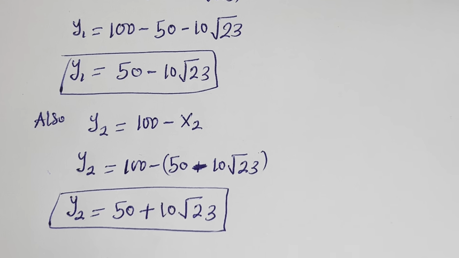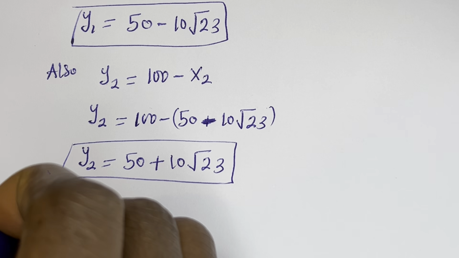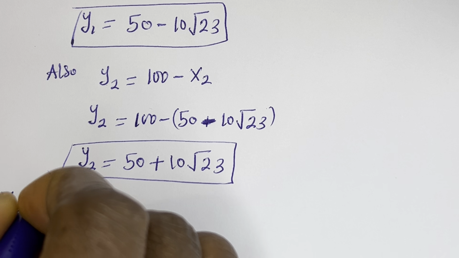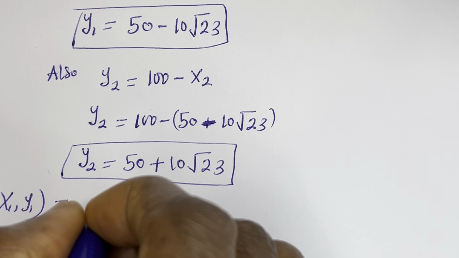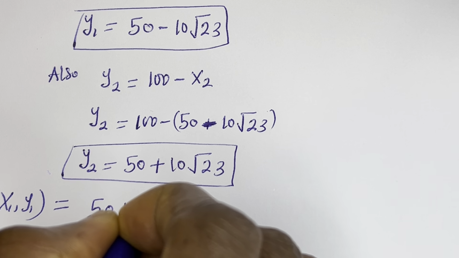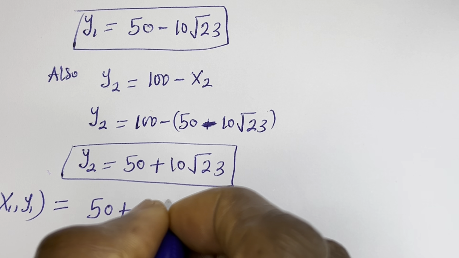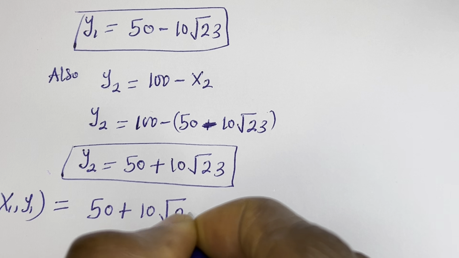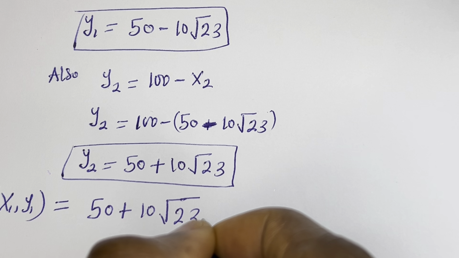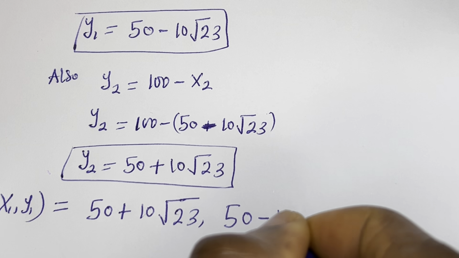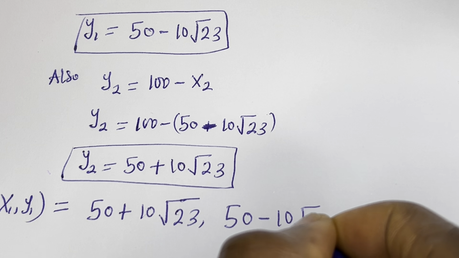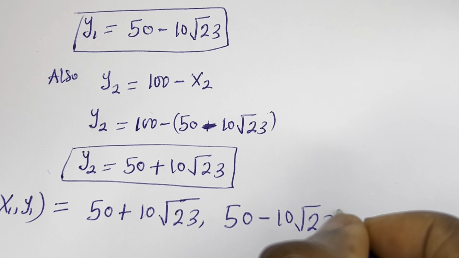Therefore, our final answer are x1 comma y1 is equal to 50 plus 10 square root of 23 comma 50 minus 10 square root of 23.